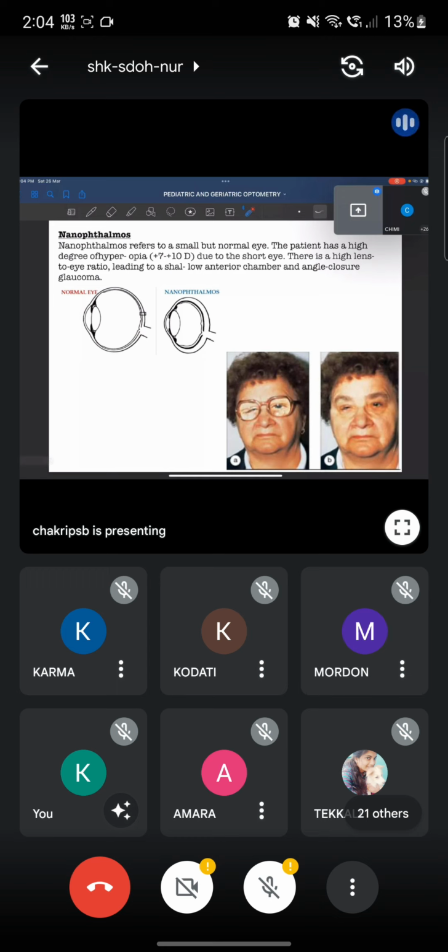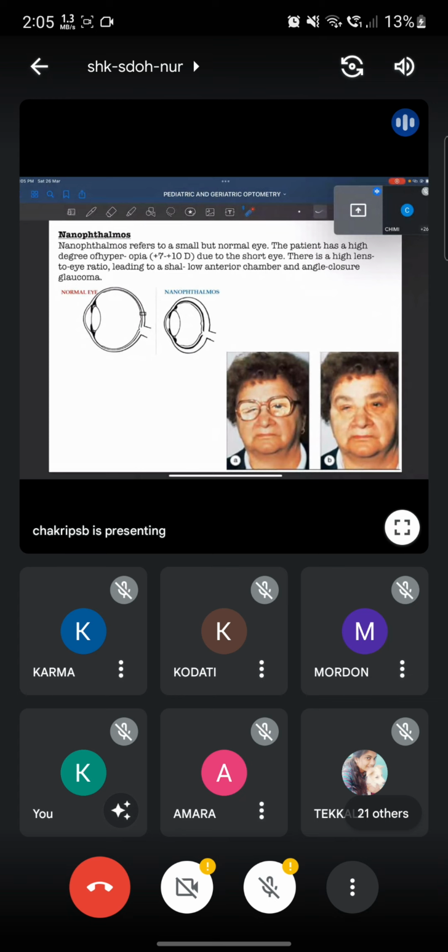And next is nanophthalmos. The normal eyeball axial length is 22 to 24 mm, so in nanophthalmos it will be less than 22. The eyeball will have fewer diopters.